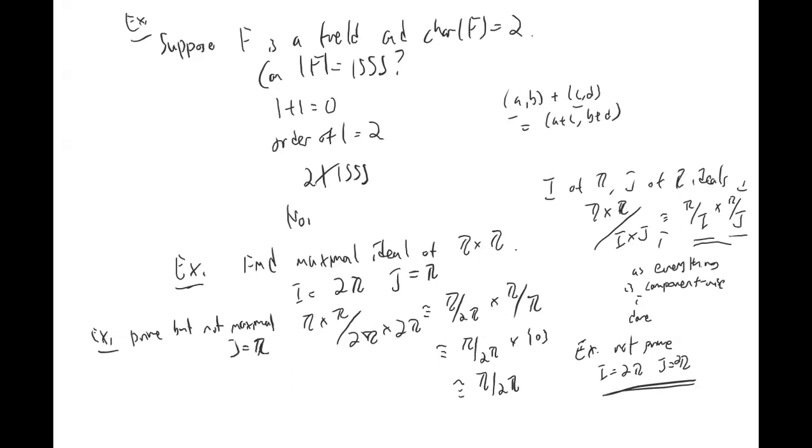So let's take J to be Z. So all that's left is to find what I is. So I'm asking you, Z quotient what gives an integral domain but non-field?